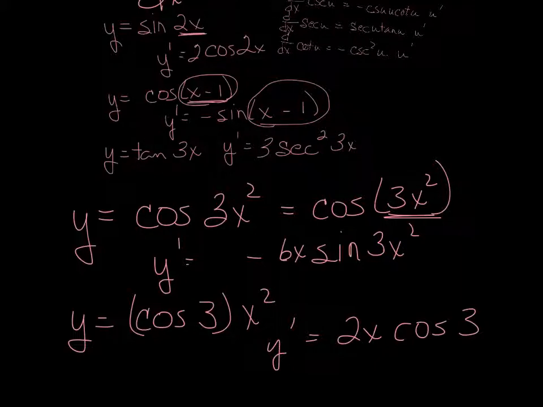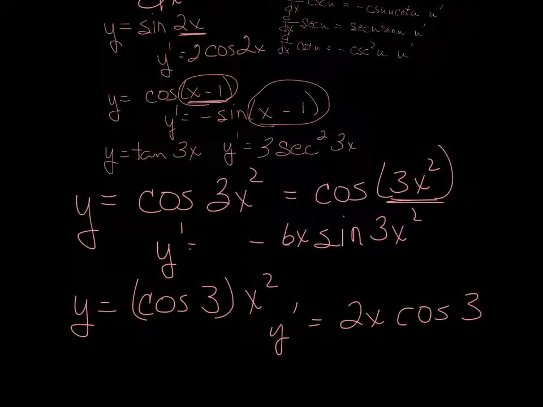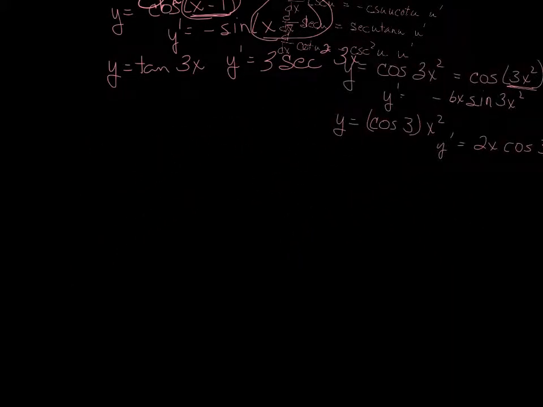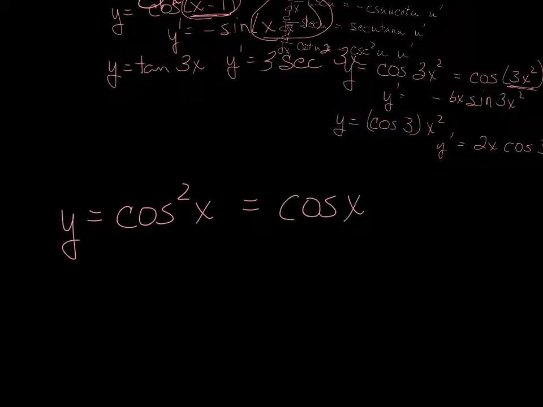So parentheses are important. I think we saw this last year, but just so that you realize that y equals the cosine squared x is the same as the cosine of x, squared. So if we want to take the derivative, we have to use the chain rule.